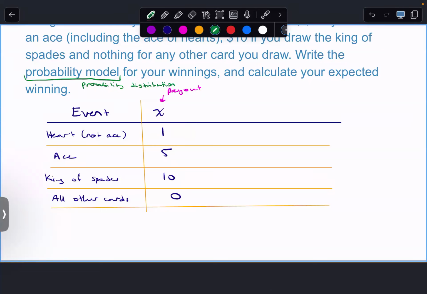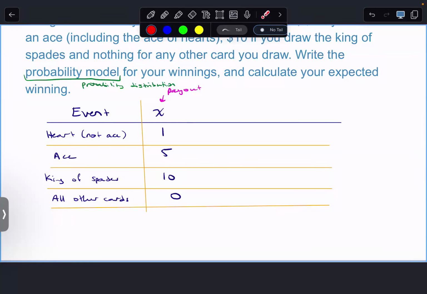All the outcomes have to be disjoint, right? So that's our first condition. That's why if I draw a heart, it can't be an ace, because the aces are included with the aces. Also rules of the game. King of spades is separate from all those, and all the other cards is, of course, separate. So these are all disjoint outcomes.